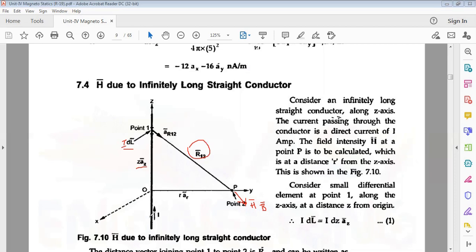Because the conductor carries the current I, I dl bar is at point 1, and we have to find the field in the direction a_R12 bar.